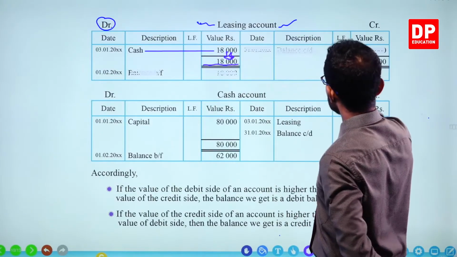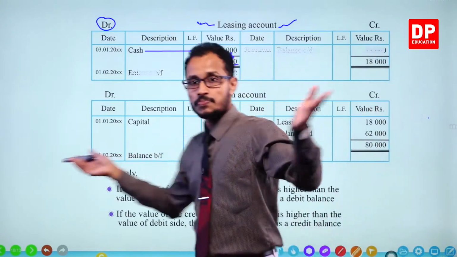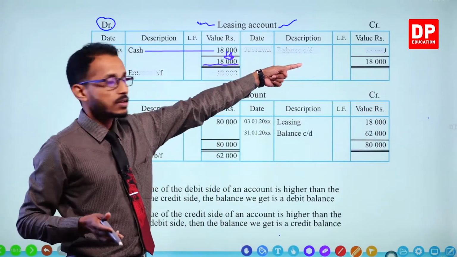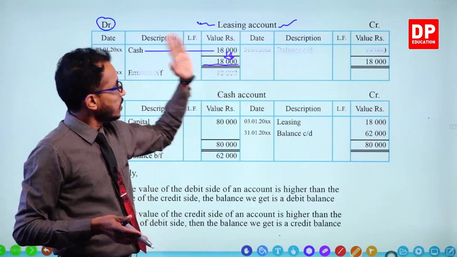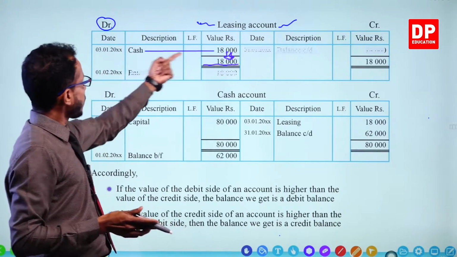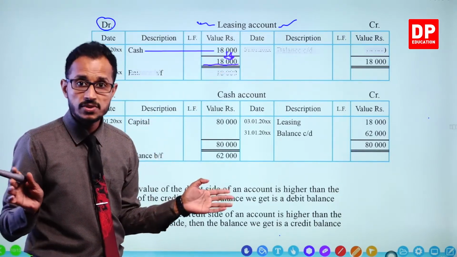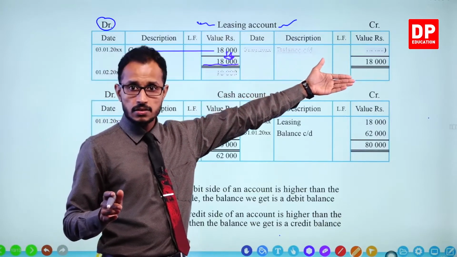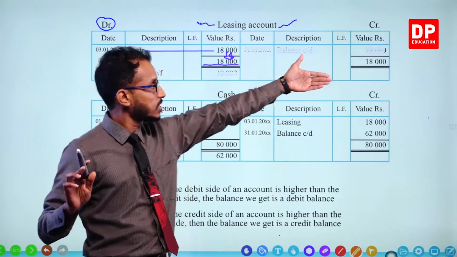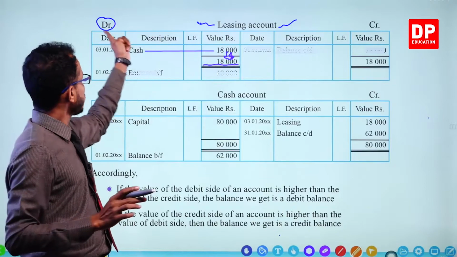And check the credit side. There's nothing on the credit side, which means in this account only one entry is there. I'm showing you how to balance that type of an account where there are no entries on the credit side. Only one entry, that is on the debit side.